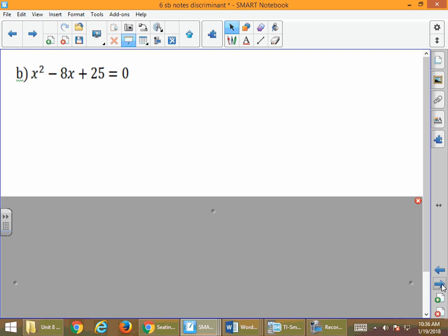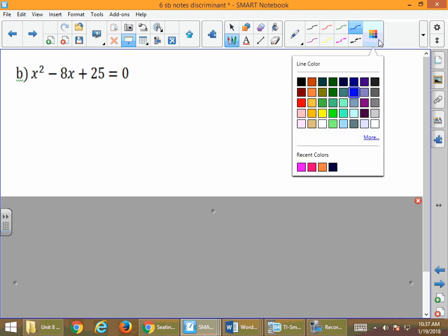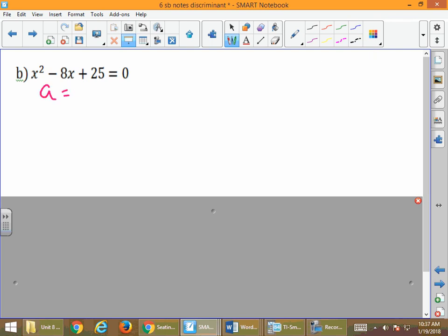If we look at letter B, I highly recommend that you label the problem. A is 1, B is -8, C is 25, and we're going to fill in the discriminant.